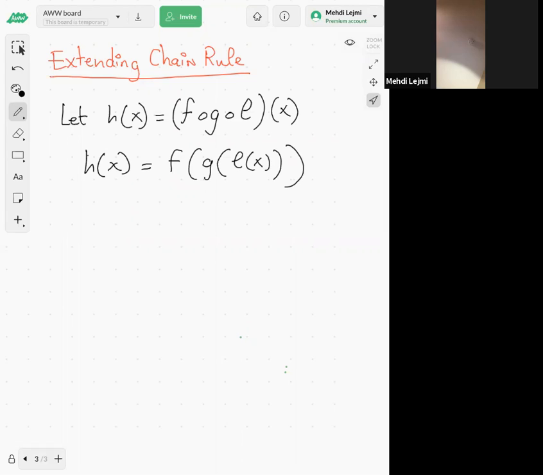Okay, so let's do an example so you can see examples. Let's say my h of x is sine of cosine of x squared.